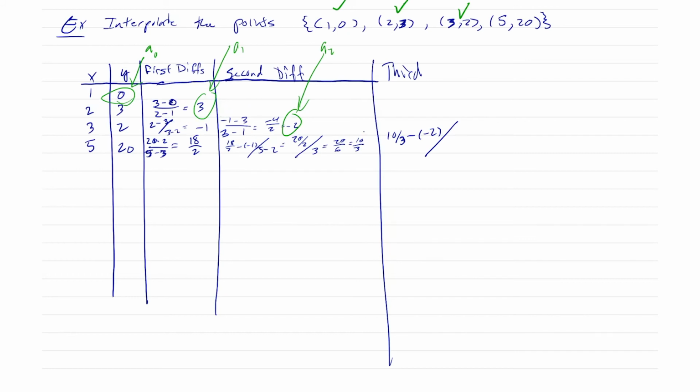All right, so it's going to be 5 minus 1 here. So, putting everything together, we have 10/3 plus 2, which is also 6/3, divided by 4. And so that's going to be 16/3 divided by 4, or 4/3.